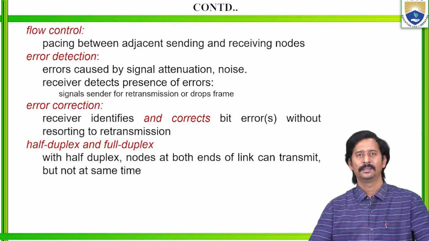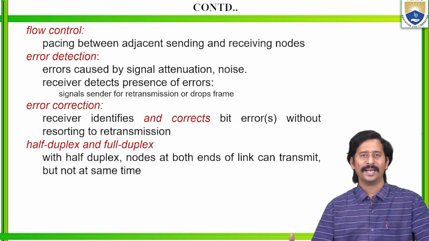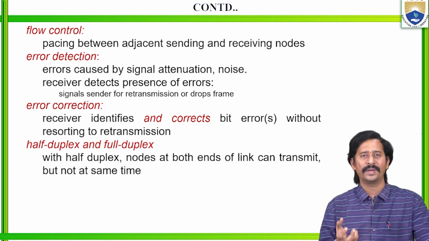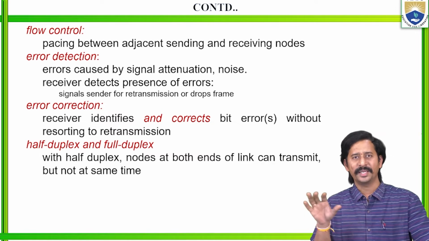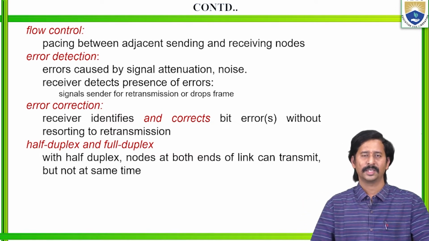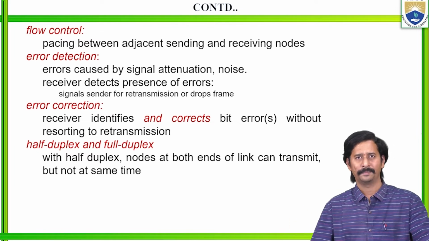Let us say the source node transmits 1 GB of data per minute, whereas the destination node is unable to receive 1 GB of data per minute because the destination node configuration is low. That is, the source node has 8 GB RAM, whereas the destination node has 2 GB RAM.